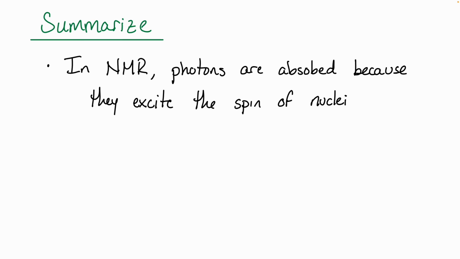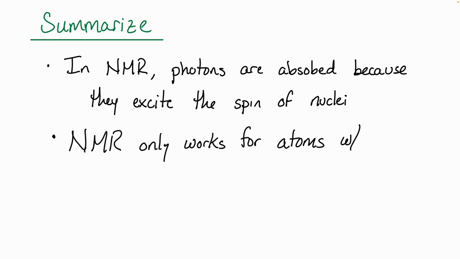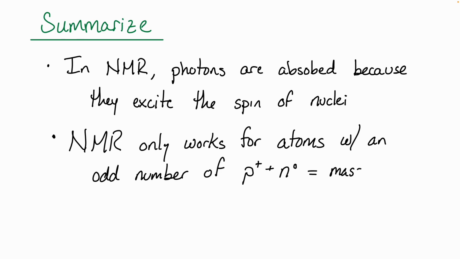So NMR only works for atoms with an odd number of protons plus neutrons, what we call the mass number. From a sheer theoretical standpoint, not all nuclei are what they call NMR active. They have to have this odd mass number. If you sum together the number of protons and the number of neutrons, you have to get an odd number.